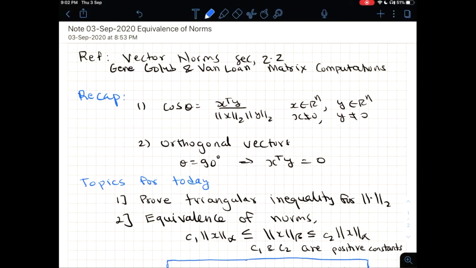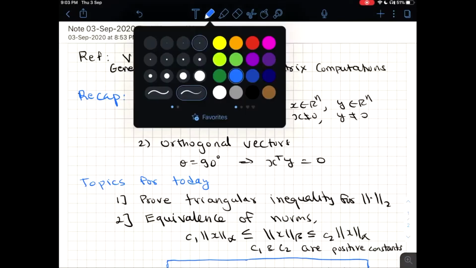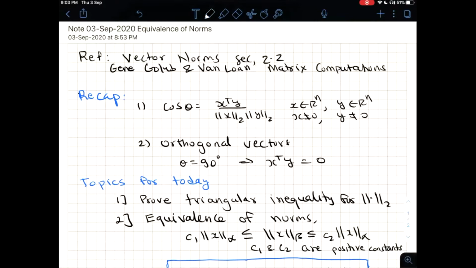Now, if you recap what we did in the last class, we derived the Cauchy-Schwarz inequality. The Euclidean length of x is x1 square plus x2 square up to xn square, to the power half, the square root of that.